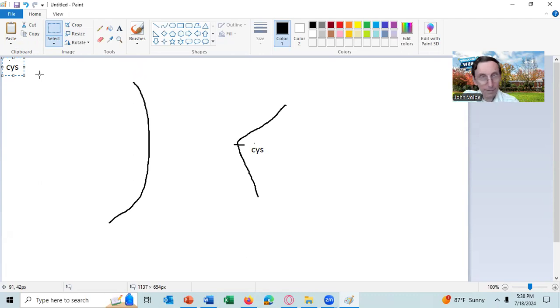Well, maybe I can move it this way. Yep, I can. And I'm going to try and draw the sulfhydryl group, yeah, that's not very good.